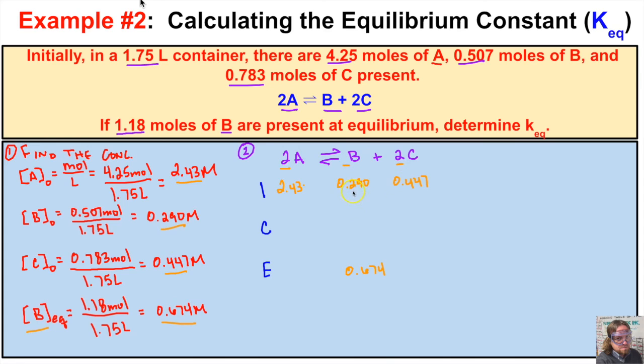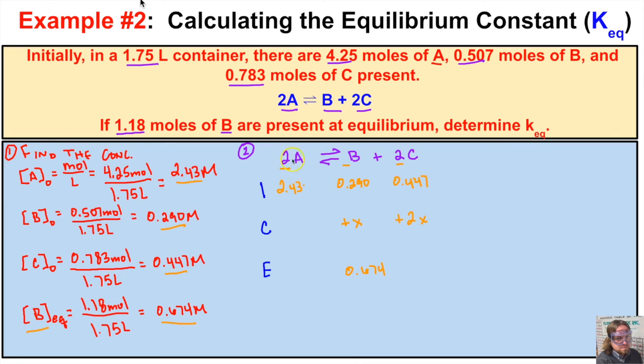And so let's think about this. If this chemical equilibrium is taking place, then right here, as reactants turn into products, we can see that the concentration of B is going to increase by what we'll call X. And if the concentration of B increases by X, then it's going to increase for C by a factor of 2X, since the ratio here is 2 to 1, twice as much C as B. So we'll put a plus 2X here.